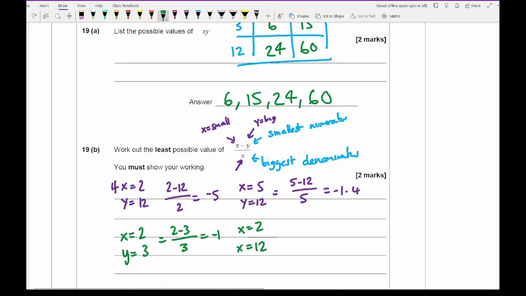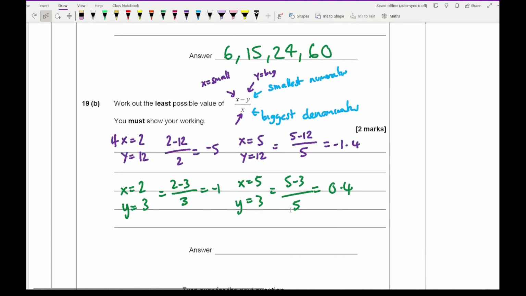The one I've not done is when x equals 5 and y equals 3. So here I've got 5 minus 3 over 5, which is 2/5, which is 0.4. Which one gives me the least value? It's going to be minus 5.